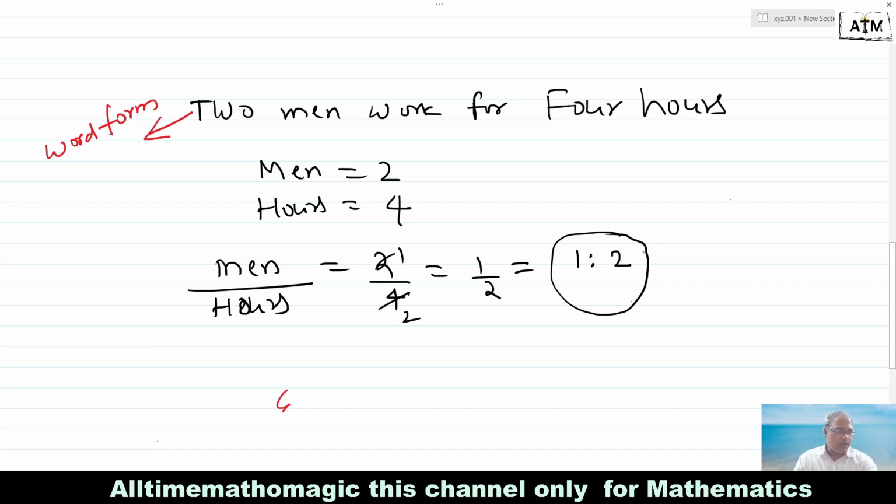Another is the colon form, that is 1:2, and 1:2 can also be written as 1 upon 2. 1 upon 2 is nothing but the fractional form. Thus the ratio can be written in word form, colon form, and fractional form.